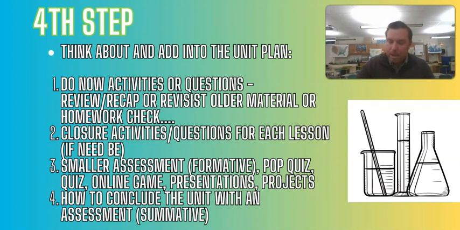And you have everything planned out in terms of the details, in terms of where you're going to place the do now, where you place the closure questions, the lab activities, which ones are graded, which ones are not graded, and where and how the students are going to do all of the classwork and how it's going to fit in. So everything is planned out.